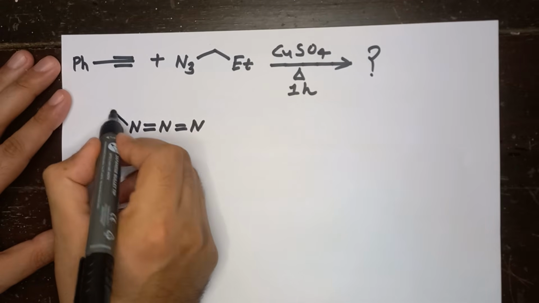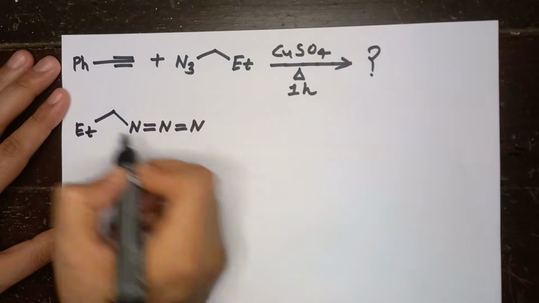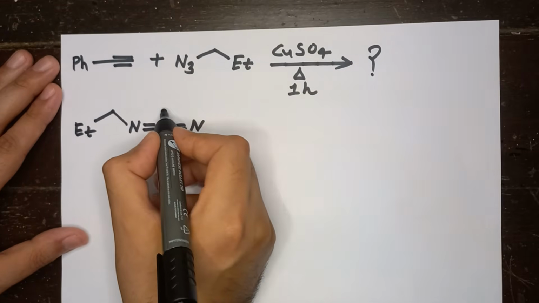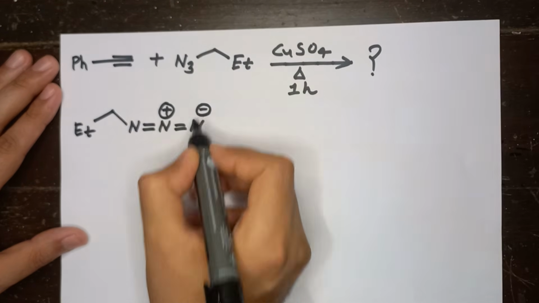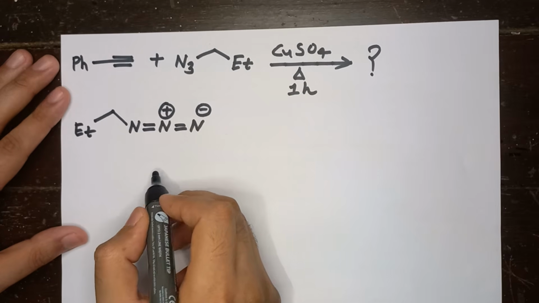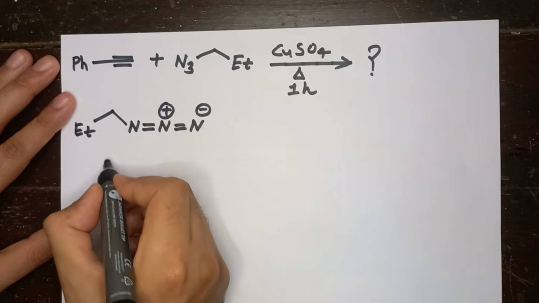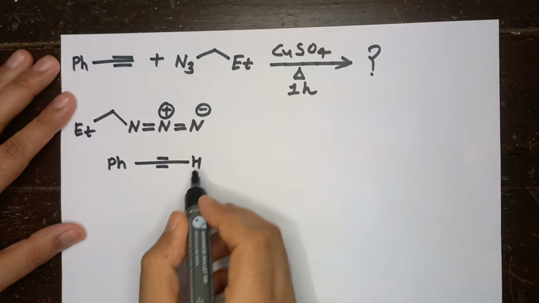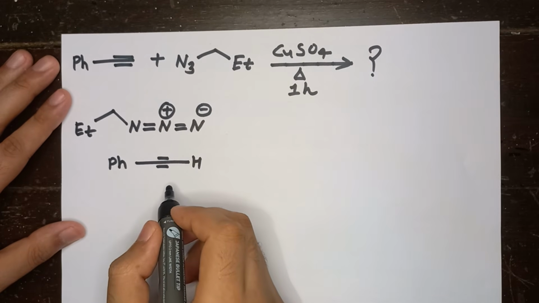Okay. So this is my EtCH2N3. This one is plus and this one is minus. Now I have this alkyne. So this is one of the ways I can write this.